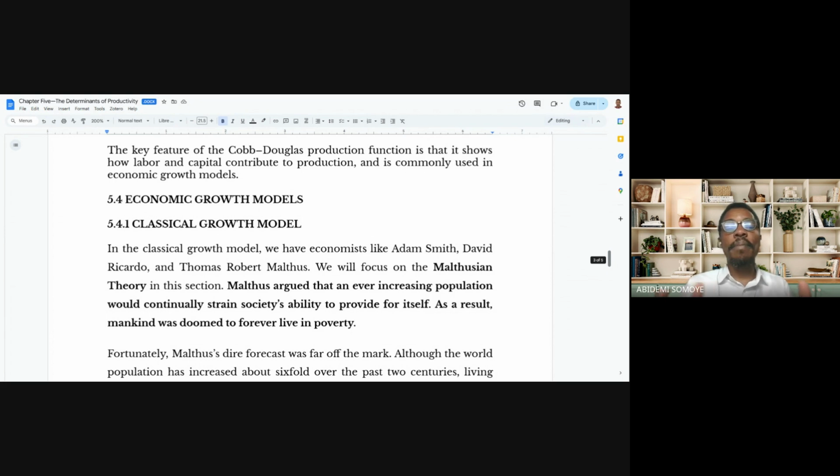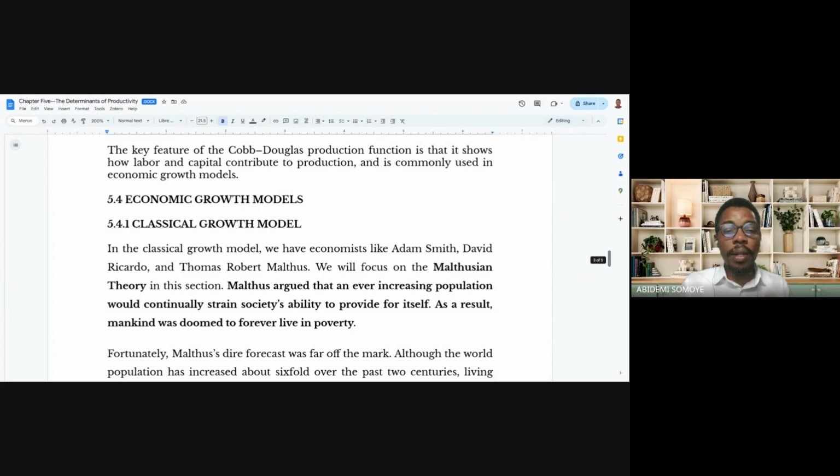The basic idea behind a classical growth model is that government intervention should be minimal. Okay, they talked about laissez-faire or the free market economy, where buyers and sellers can decide on how they want to interact with one another, while the government just provides a suitable guideline on how they should operate.